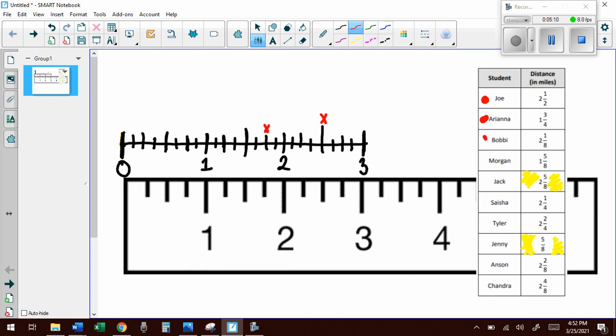Bobby with 2 and 1/8. Morgan with 1 and 5/8, 1/8, 2/8, 3/8, 4/8, 5/8. Jack with 2 and 5/8, 2 and 1/8, 2/8, 3/8, 4/8, 5/8.